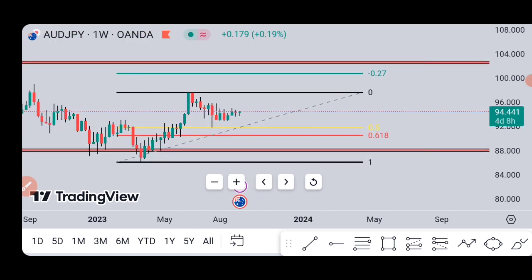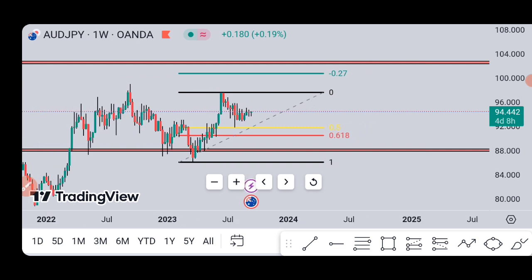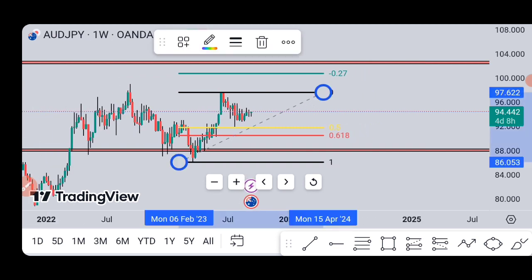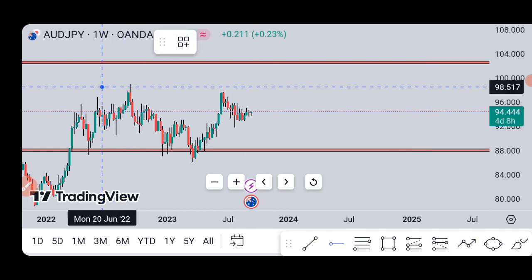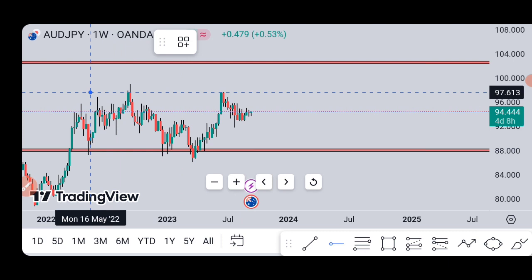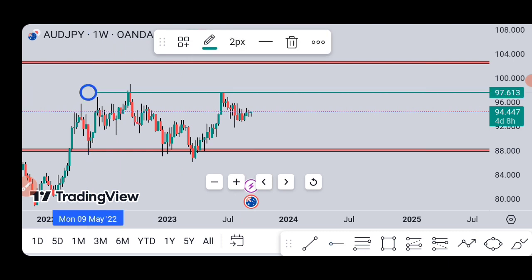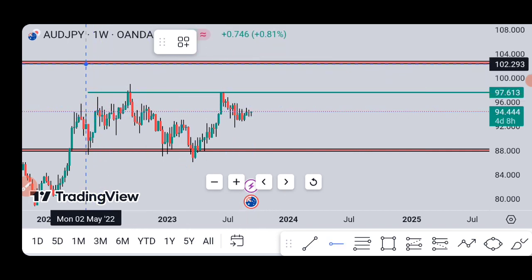Now what I'm doing is I'll be buying this pair. Simple. I'll be entering this trade. My first level target will be here. This will be my TP1. Then my TP2 will be up here.